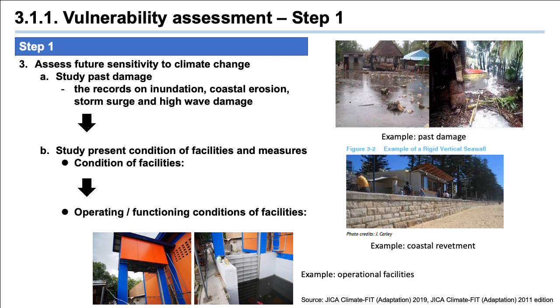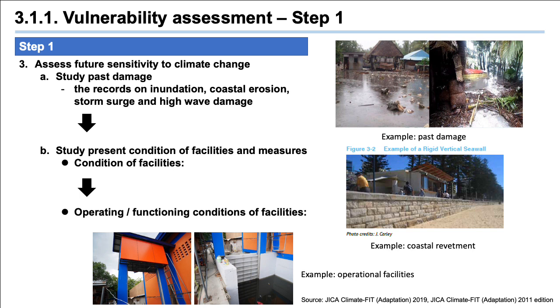We have to study the records on inundation, coastal erosion, storm surge, and high wave damage, such as observed records, aerial photos, and topographic surveys through collection and hearing investigation among stakeholders, such as the related agency and inhabitants, as well as through websites on meteorology. We also have to organize the areas vulnerable to inundation, coastal erosion, storm surge, and high wave damage in the target coastal area.